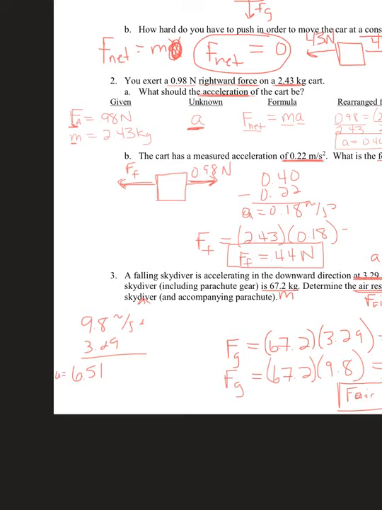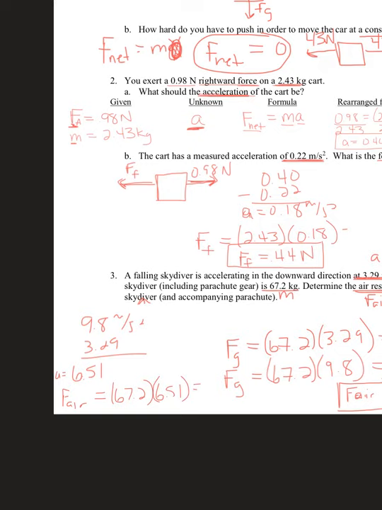I'm going to say that my F of air is equal to that acceleration times the mass of my parachute diver. So that's 67.2 times 6.51.